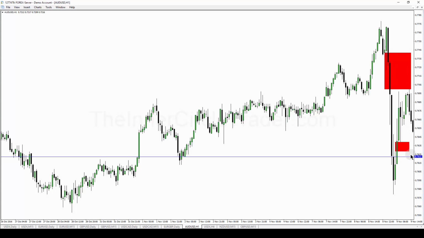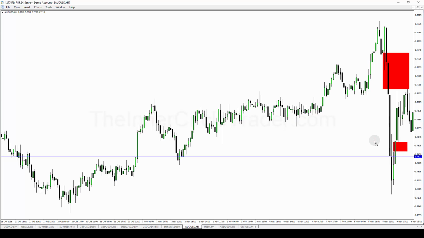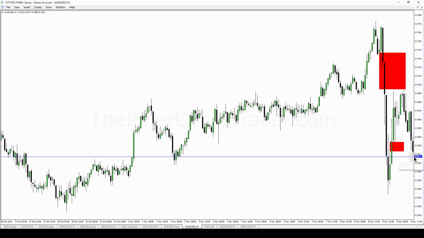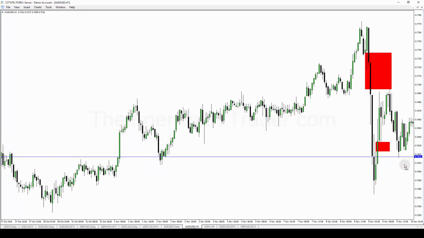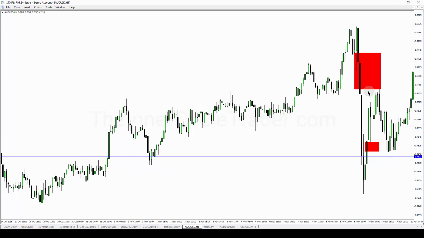So we're looking for the market to trade down, hits the bullish order block, shows willingness to want to rally. Double top is now gone. Those buy stops are gone. We're looking for the void to close in up here.